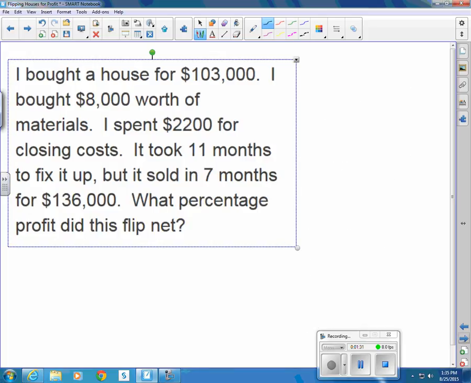The next one, they want to know what was the percentage profit. So let's say I bought a house for $103,000 and I bought $8,000 worth of materials.